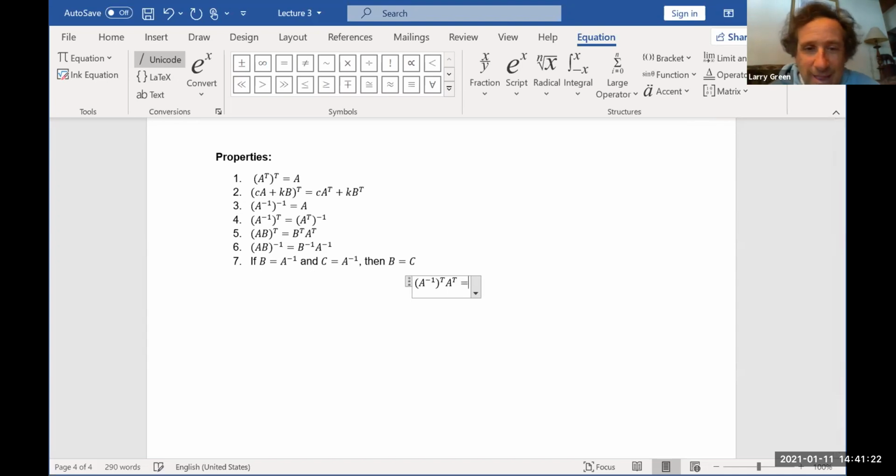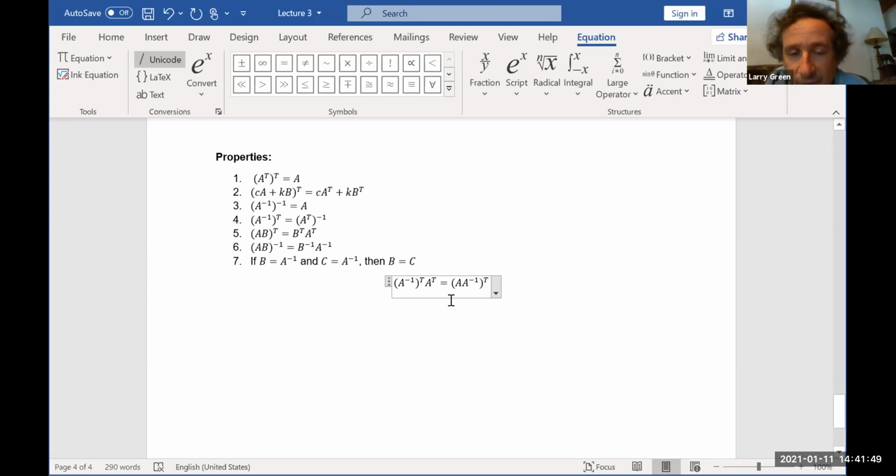So I can rewrite this as A times A inverse all transposed. Right? That's using number 5. Now it turns out it's easier to do that and then prove number 5, because 5 is not hard to prove.